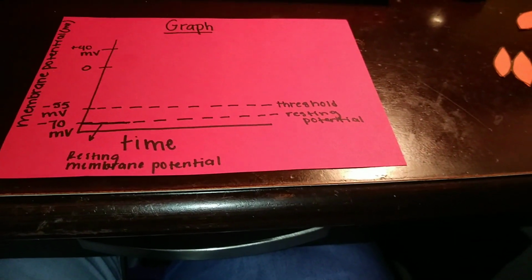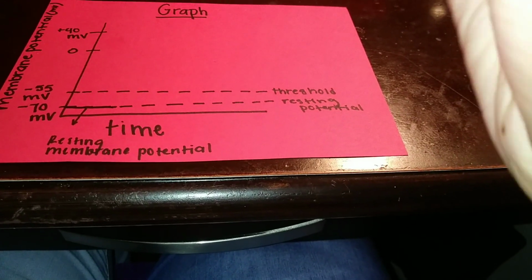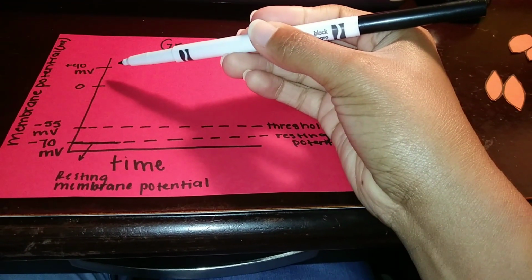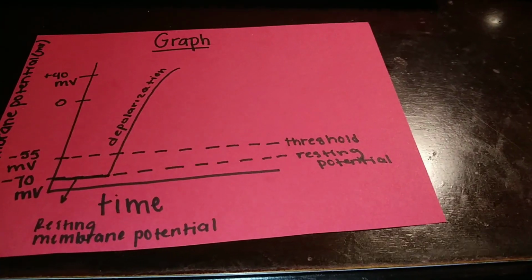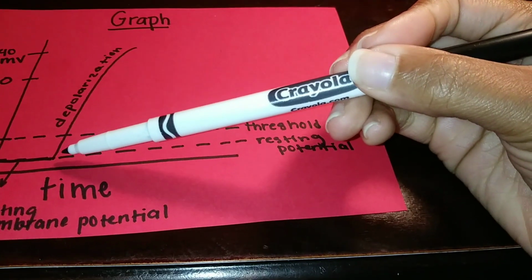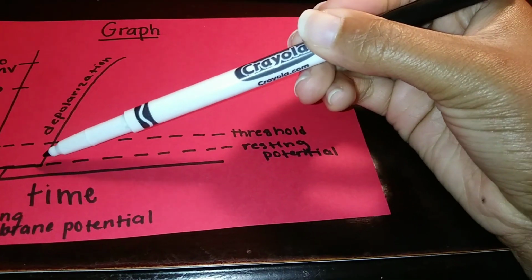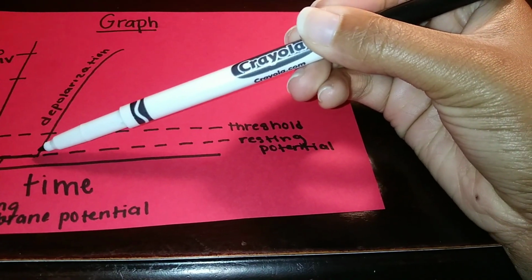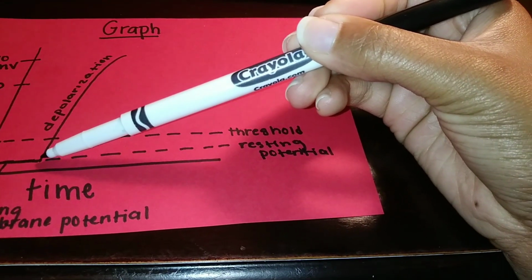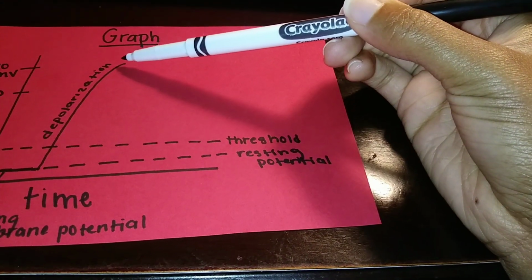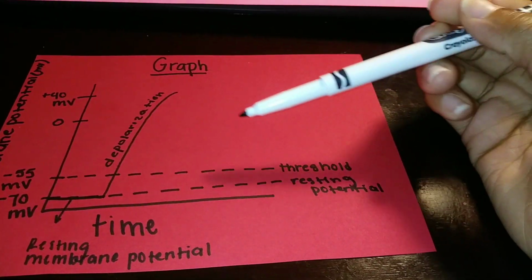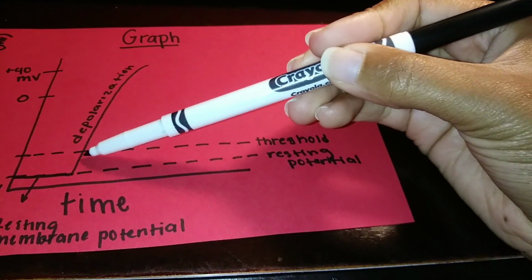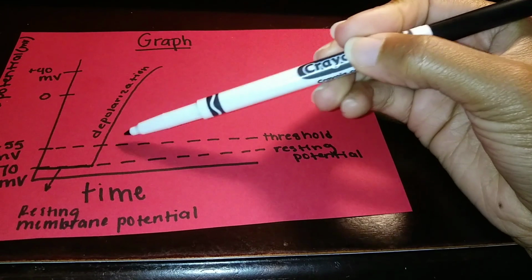Now, depolarization goes to plus 40 mV, so for depolarization, it goes up. You draw a line from the resting potential all the way up to plus 40 mV, which surpasses the threshold, meaning it's going over that point on the graph.